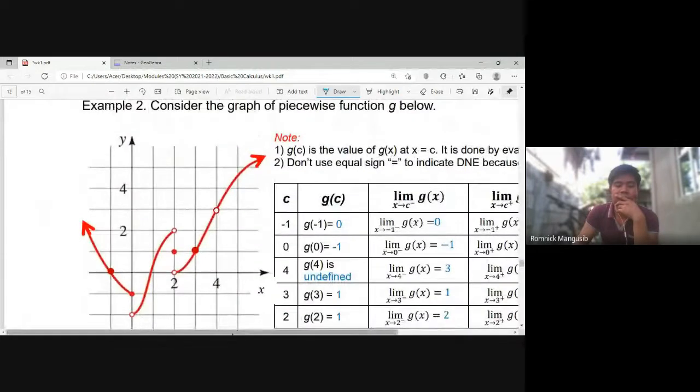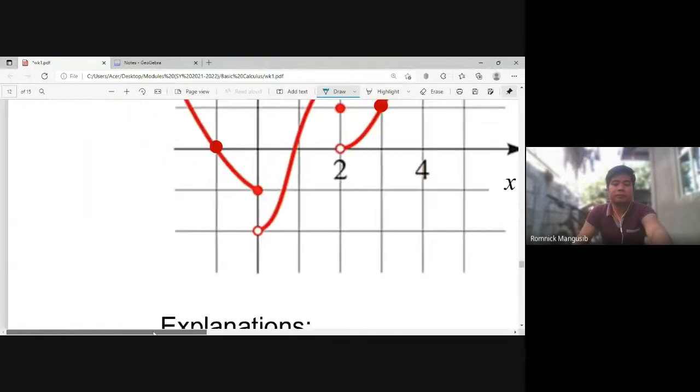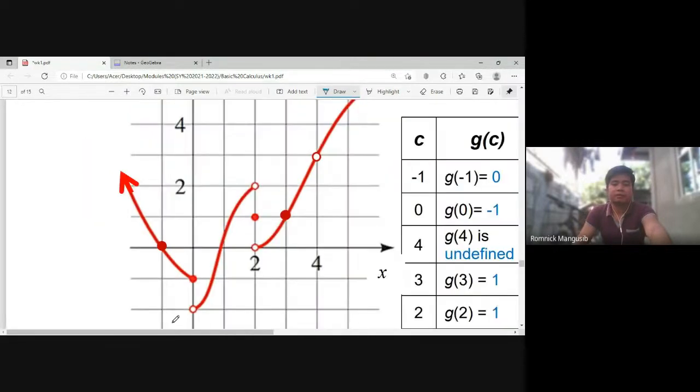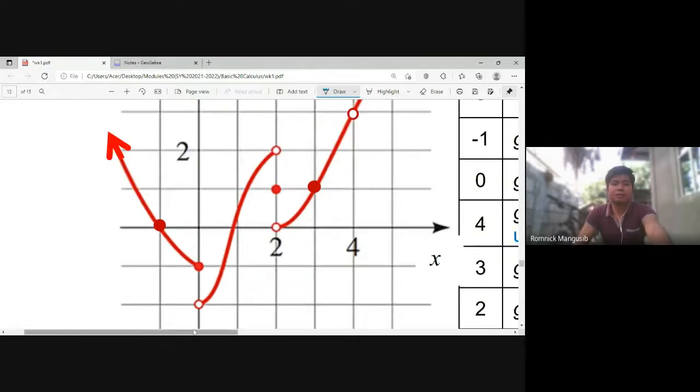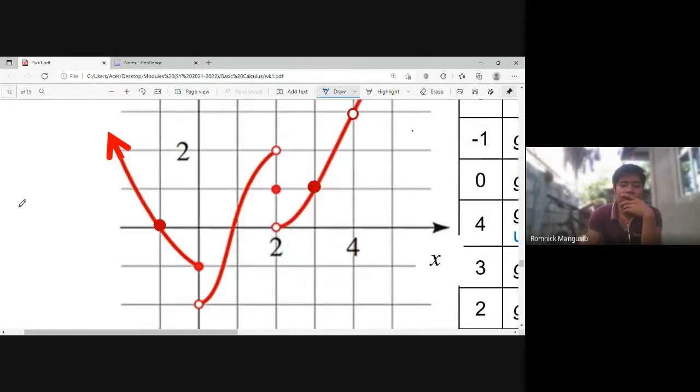Dito sa next example, okay, halimbawa hindi mo alam ang sagot. Okay, for example, we don't know the answer. And we are now being interested onto how do we understand limits. So kung tinanong ka dito, halimbawa ang pangalan ng function na h of x. What is h of x?